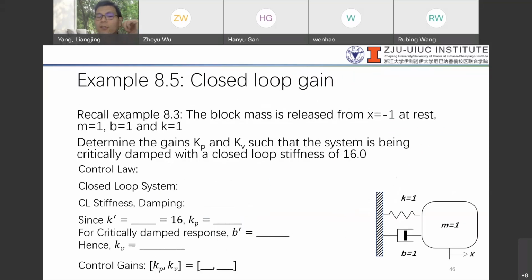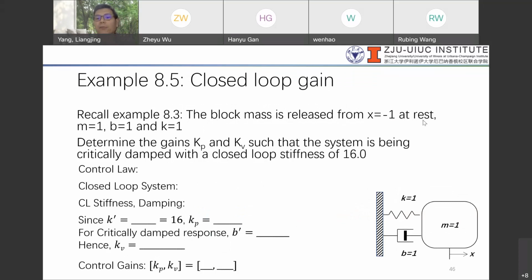Okay, so again, let's plug in some values so that we can see how this goes. So we look at the same example again with m equal to 1, b equal to 1, k equal to 1, and initial displacement -1 again.